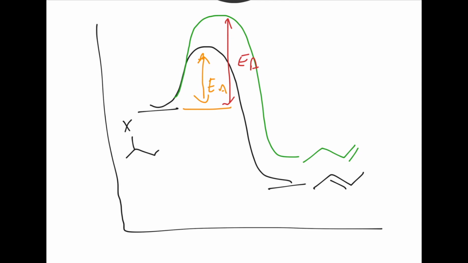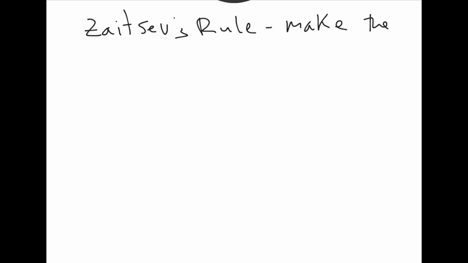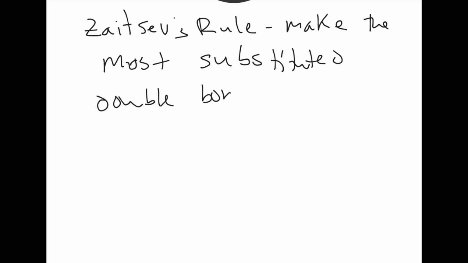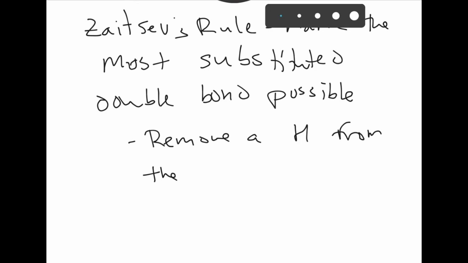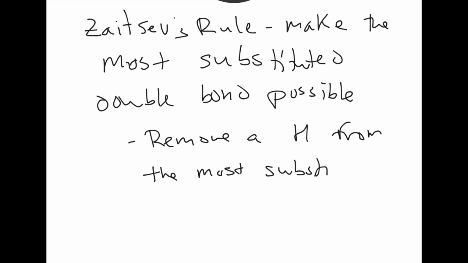As you know, Zaitsev's rule says that we need to make the most substituted double bond possible, right, and we do that by removing a hydrogen, not an alpha hydrogen, from the most substituted beta carbon.